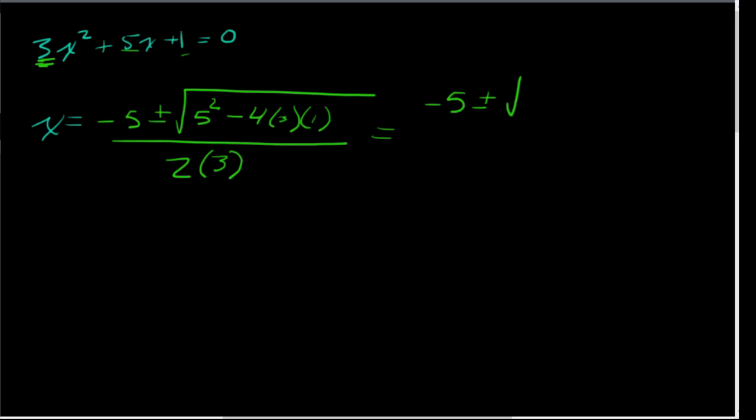Now we can start working with what's on the inside here. 5 squared is 25. 4 times 3 times 1 is 12, so you have negative 12. 2 times 3 on the bottom here is 6.